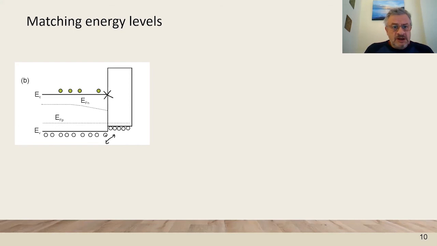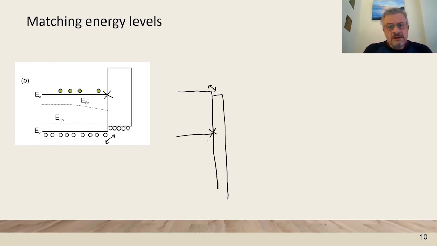Therefore, this is going to be a good selective contact for holes, and the other way around is to obtain a material that will exchange electrons but not inject holes, like TiO2 in a perovskite solar cell.